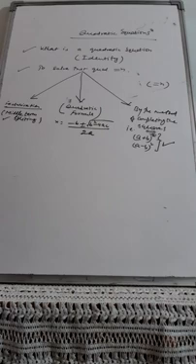What does it mean? It means I have to convert either in terms of a plus b whole square or a minus b whole square. Only two perfect squares are there. So I will be converting that equation either in the form of a plus b whole square or a minus b whole square by using the certain steps which are required for this particular method.